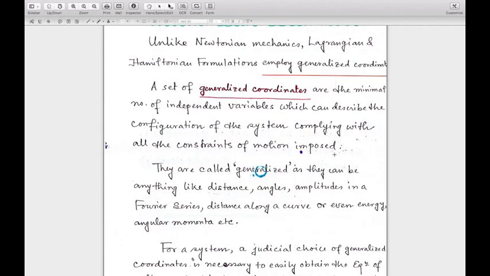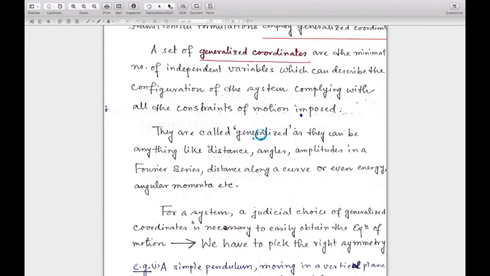Whereas if I ask the number of coordinates necessary, I can say r, theta, phi, under the constraint r equal to constant. That is another way of saying it.